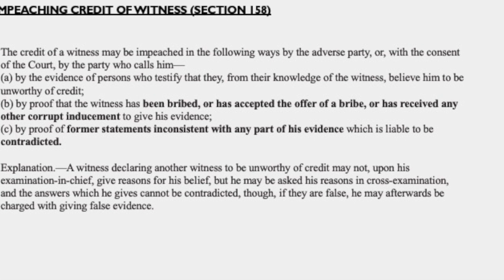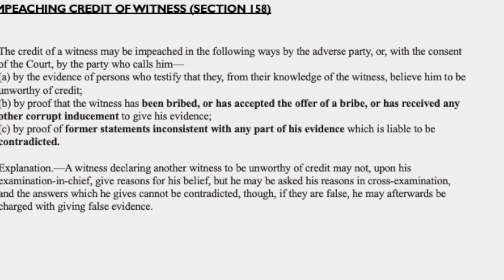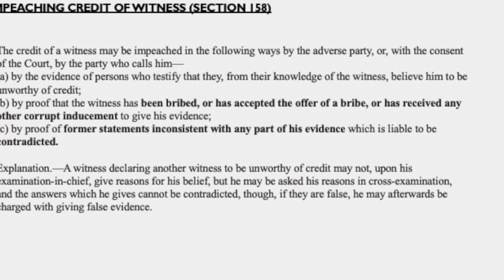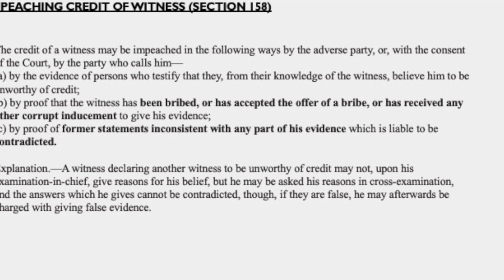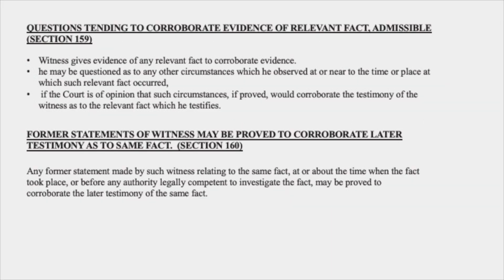The third is where there is proof of a former statement which is inconsistent with any part of his evidence, and hence it becomes contradictory in nature. The next provision is with regard to questions tending to corroborate evidence of relevant fact, admissible under section 159.